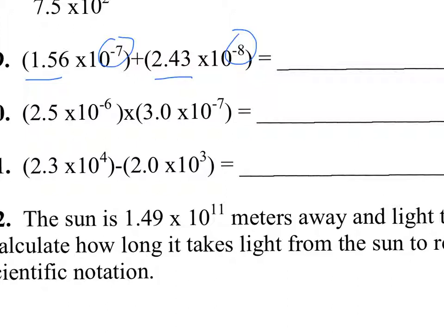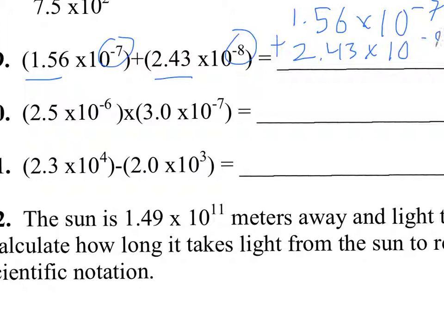If I write these in the normal manner, 1.56 times 10 to the minus 7 plus 2.43 times 10 to the minus 8, we see that because they have different powers, we can't add them up directly.